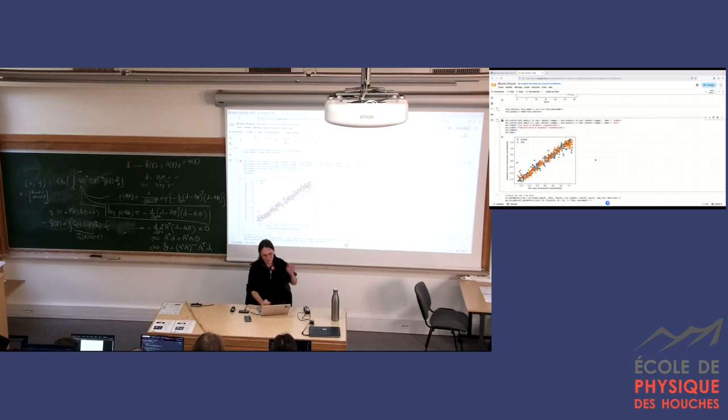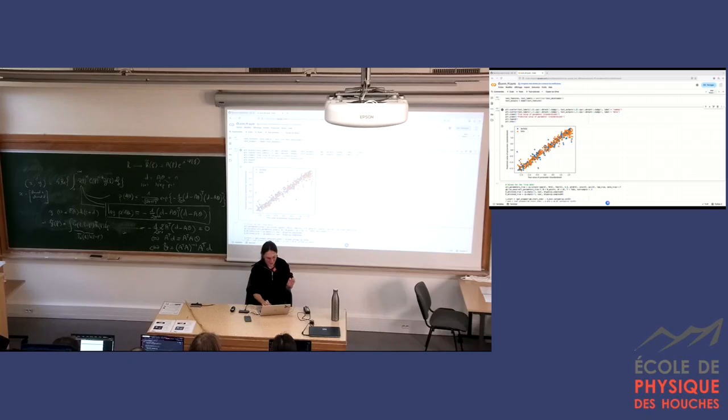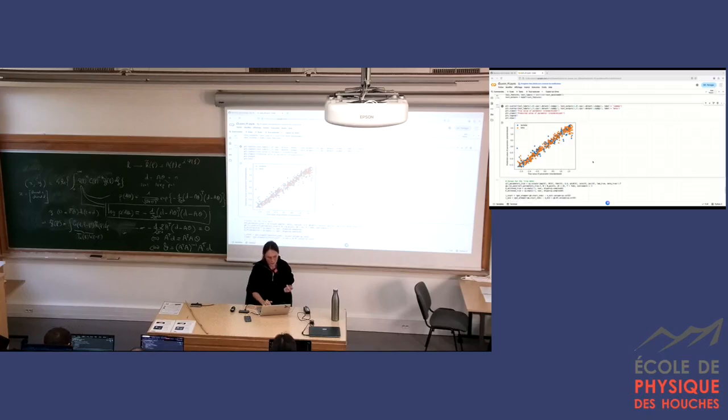Okay, so what this plot means is that on one axis you have the true value, and on the other axis you have the predicted value for your test data. In principle, if you had no noise, it would be just a diagonal if you trained your network well, so it predicts almost the same value as you put in. And because you have noise, of course, you have some sort of error.